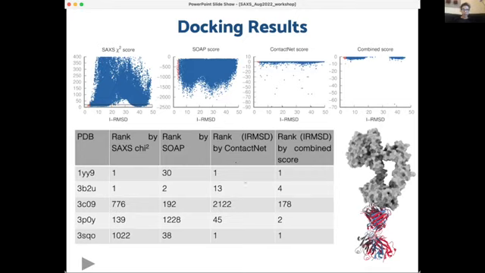ContactNet ranks 2 as top scoring ones, but the combined scoring does much better. We can see that 4 out of 5 actually do rank the correct model among the top 5. So integration of information really helps us a lot.